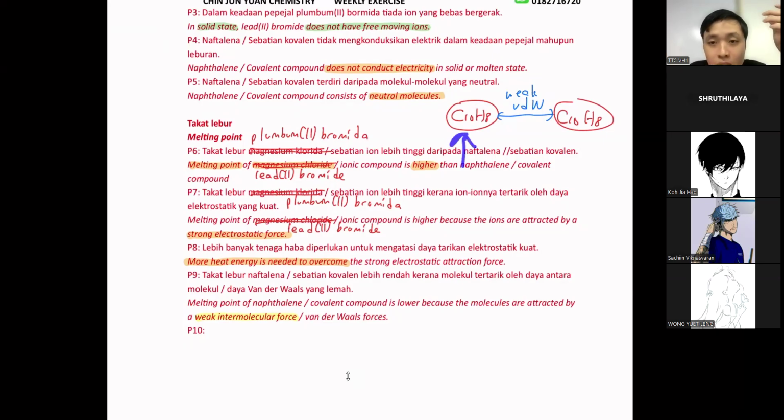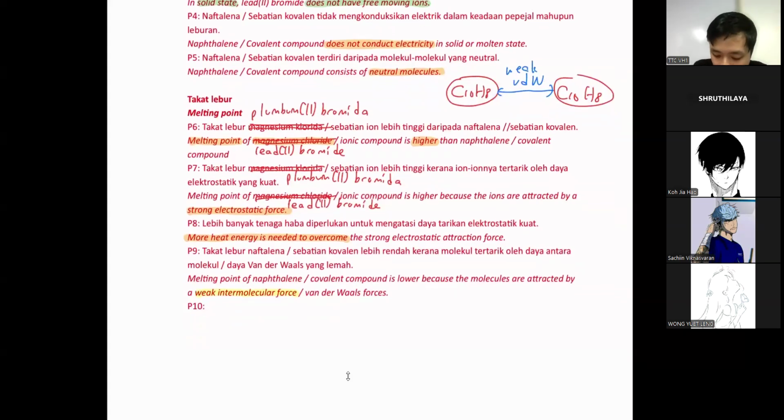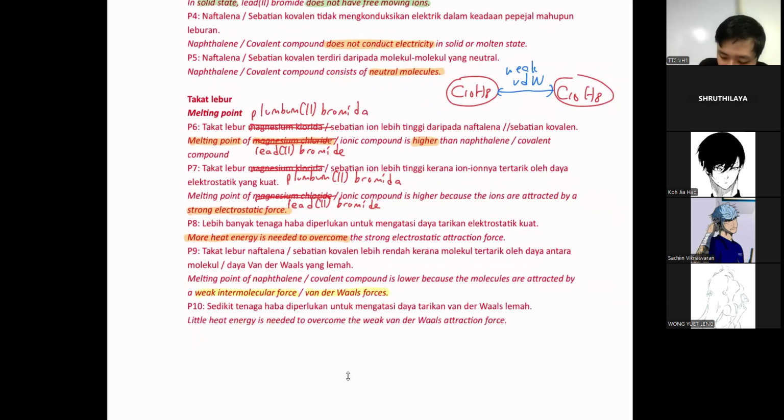Only heat a little bit, then you can already overcome the force to make them distance apart. So you can say weak van der Waals forces, same. That's why little heat energy is needed to overcome the weak van der Waals attraction force.